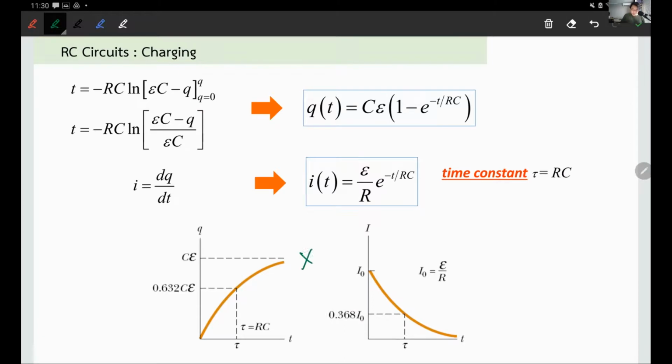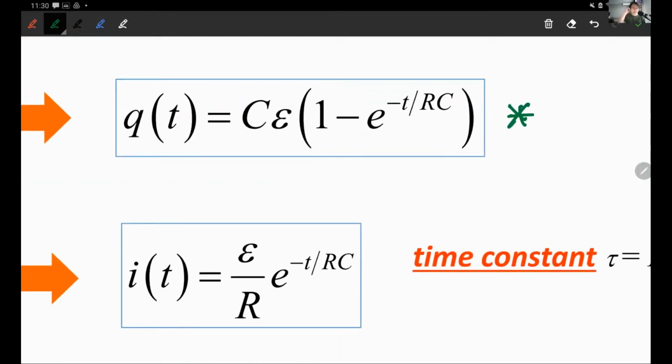This is it, guys. Here we go. This is the equation that tells you how much charge is being increased as a function of time. And look at this. It looks bad, but it's not bad. Because, first of all, it has an exponential decay term in it.